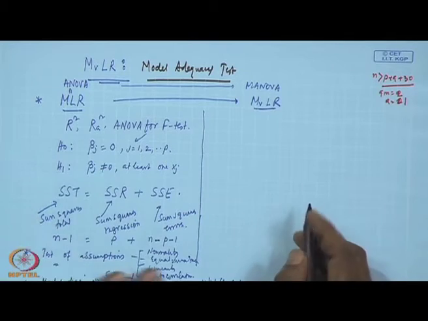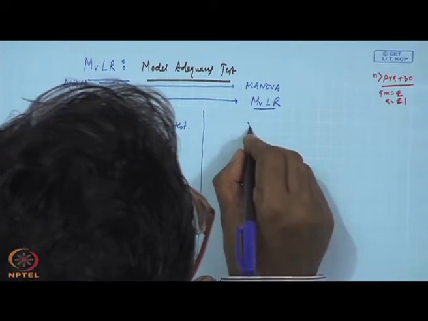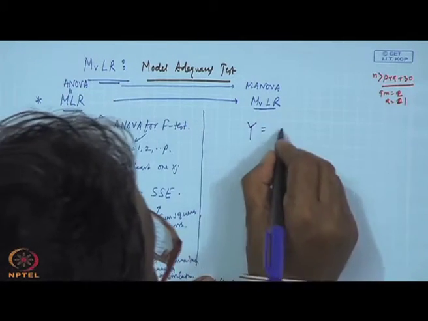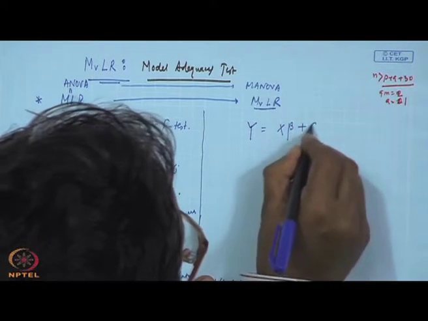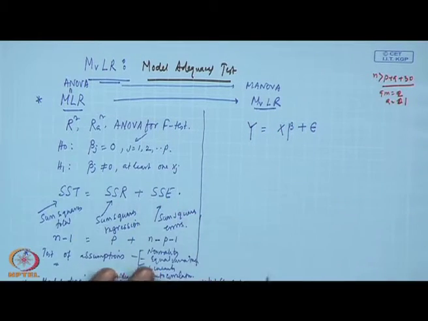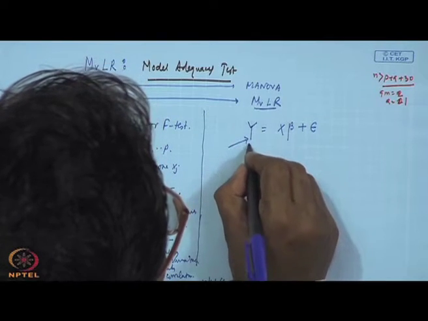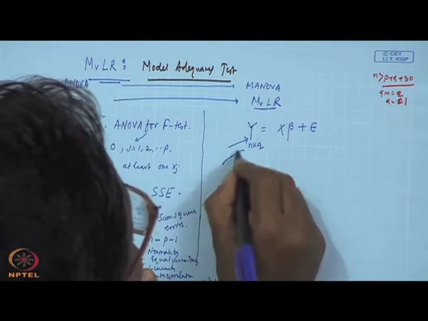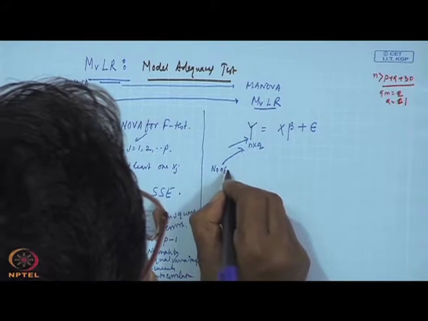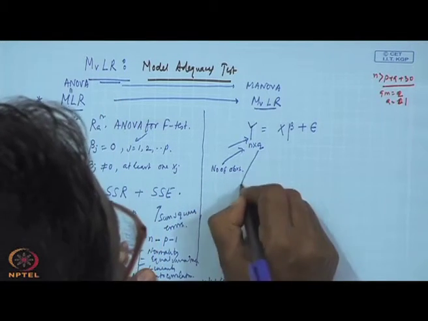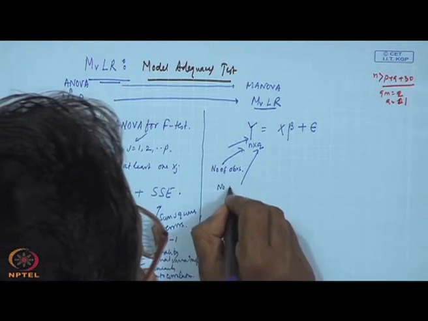Okay. So, let us write down again what we wrote in the last class, so that you can correlate with this. So, we say this Y is n cross q, where n is the number of observations, q is the number of dependent variables.